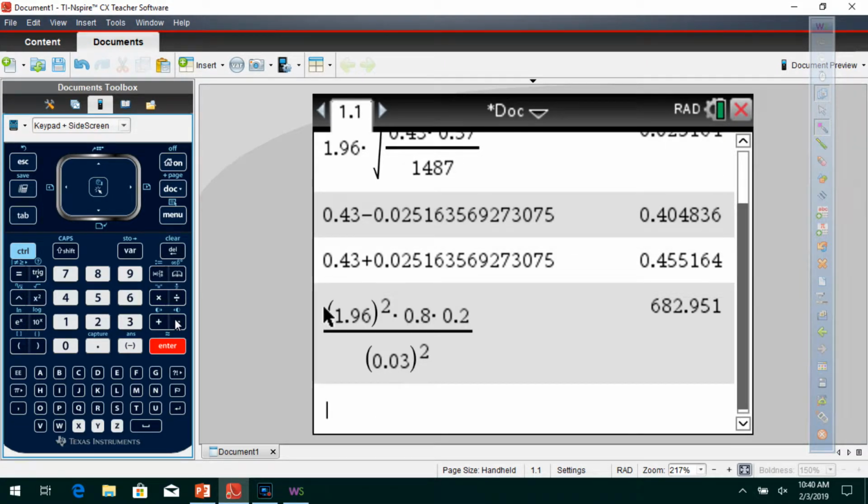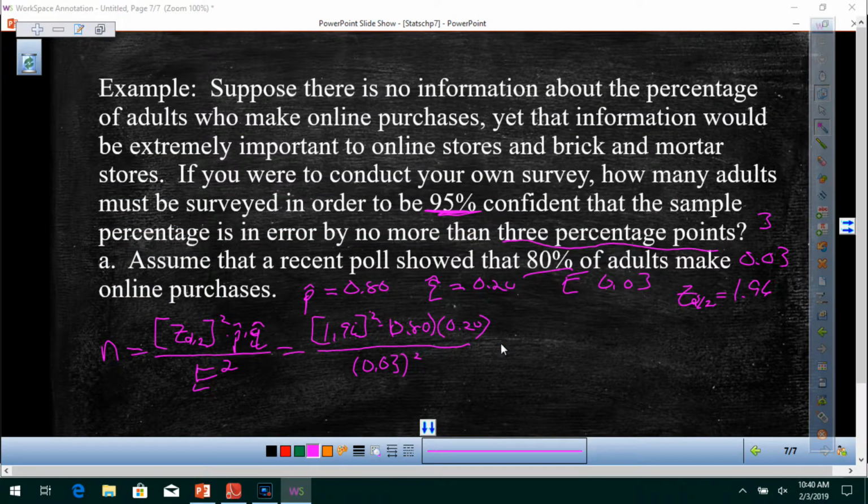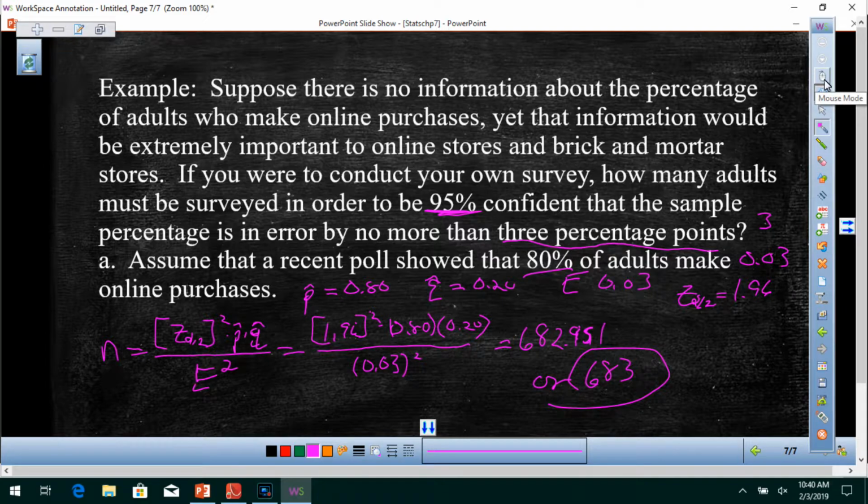And we get 682.951, or 683. Okay, so your n needs to be 683. You need to poll 683 people.